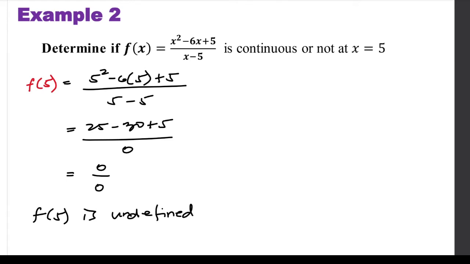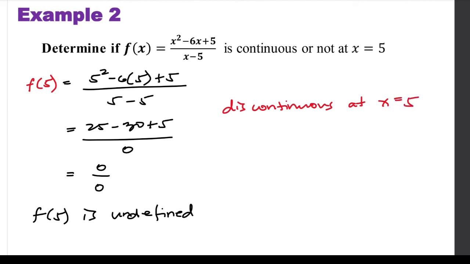So in this case, since f of 5 does not exist, we can say that the function is discontinuous at x is equal to 5.